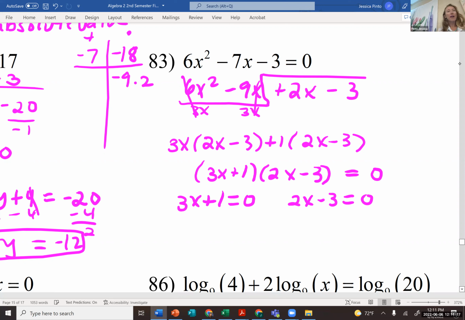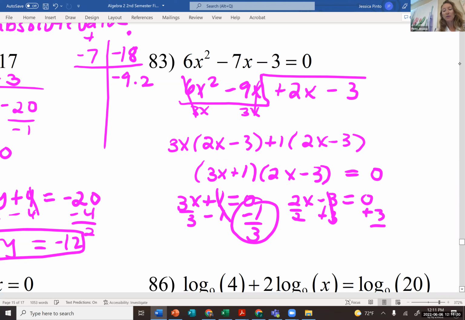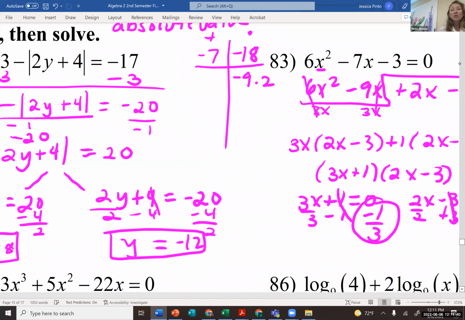From here, we solve for x, which is 2 steps. -1, and then divide by 3. So we got -1/3. Add 3, and then divide by 2. +3/2. So with an exponent of 2, we get 2 answers, but also for absolute value, we get 2 answers because of the shape that those graphs make.